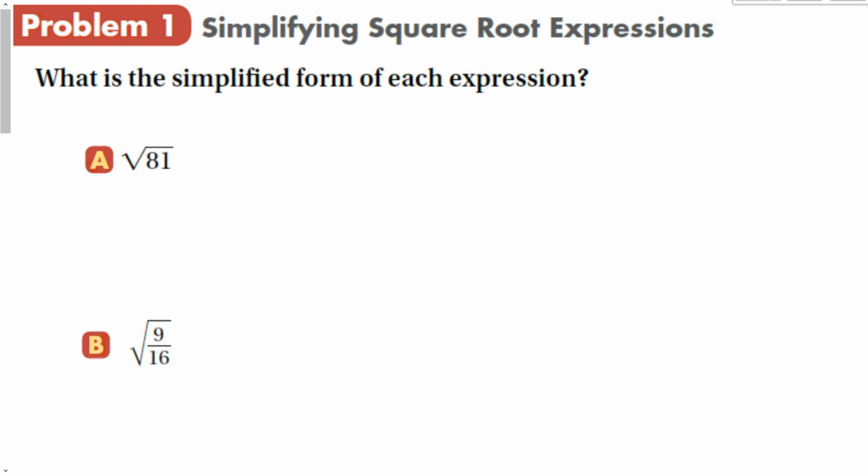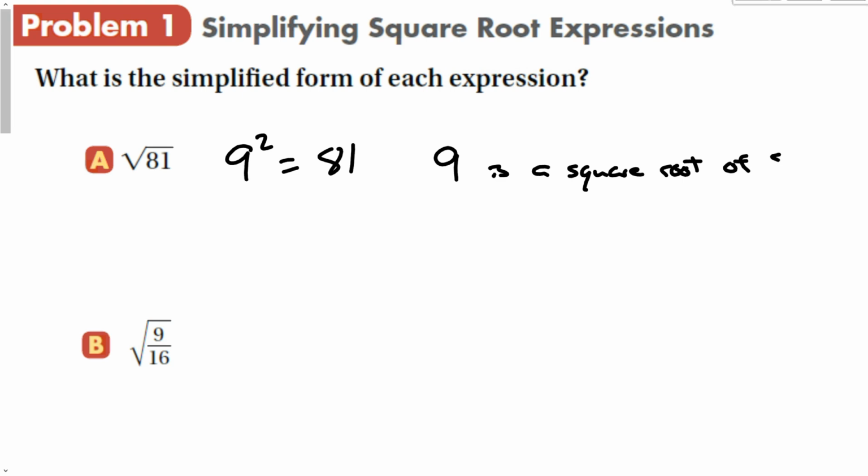So what times itself gives me 81? Well, 9 times 9 is 81. So 9 is a square root of 81.